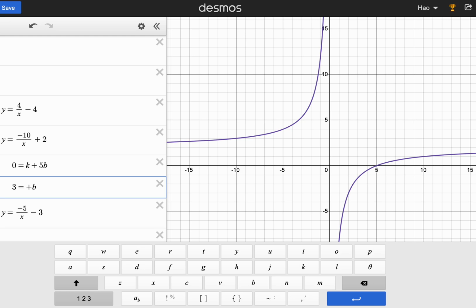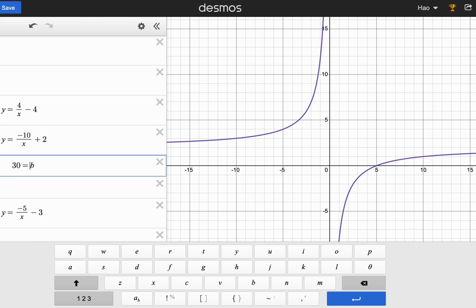Replace it here, it's -10, replace it here, it's -13, and using the equation above minus the equation below, you can get 13 equals 15b.